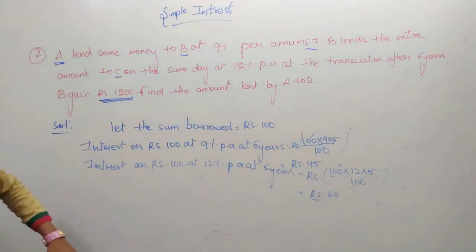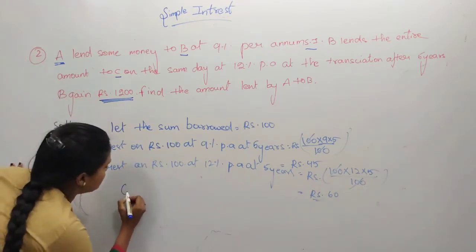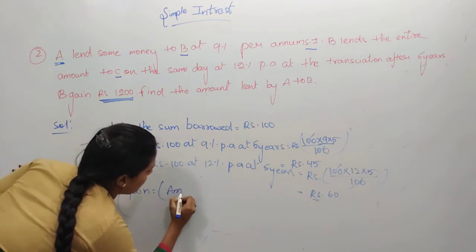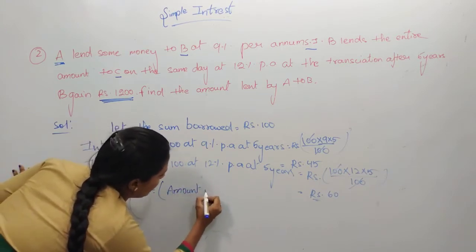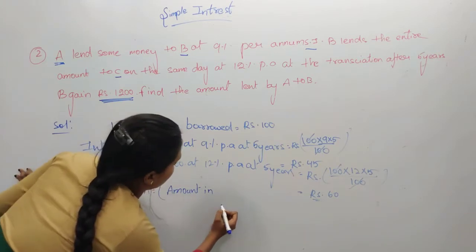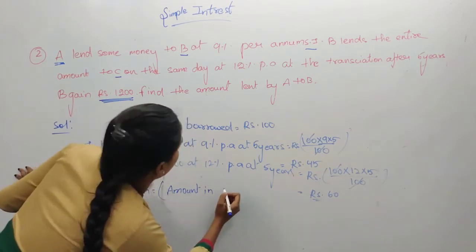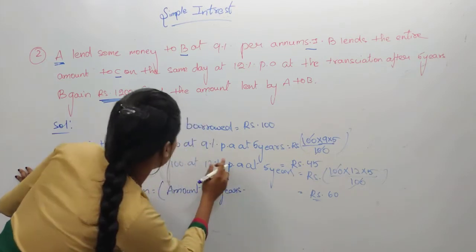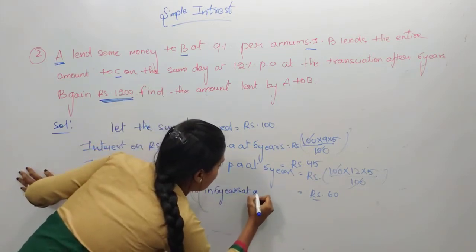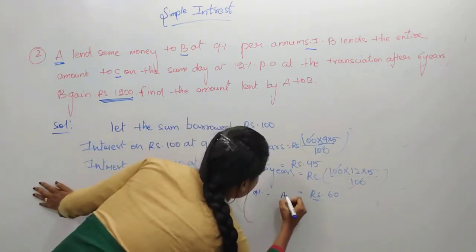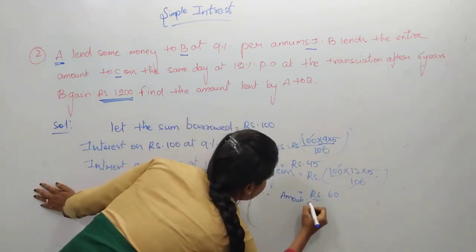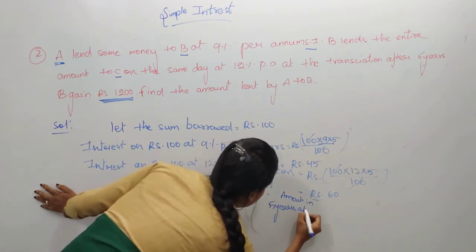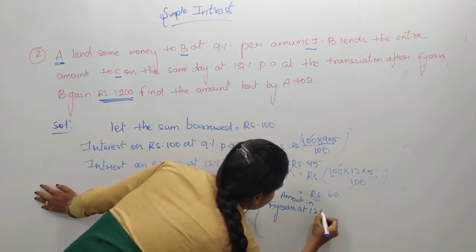Then what will we do now? Gain is equal to amount in 5 years at 12% per annum minus amount in 5 years at 9% per annum.